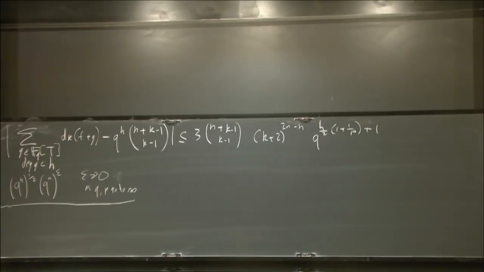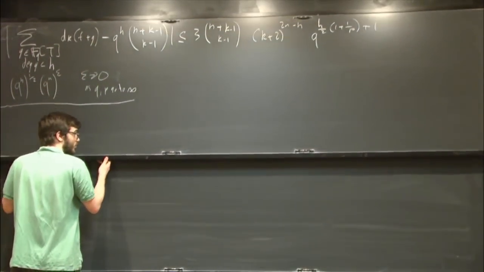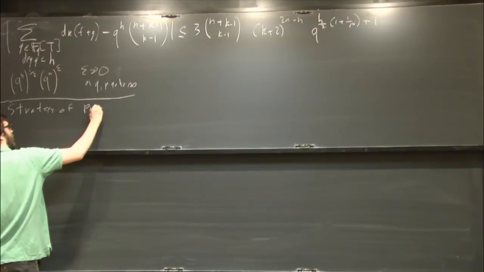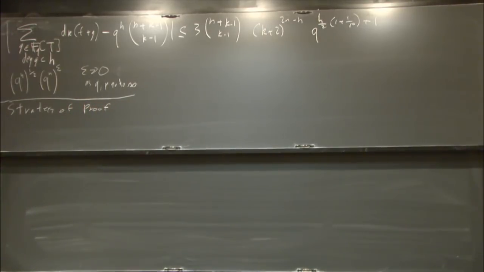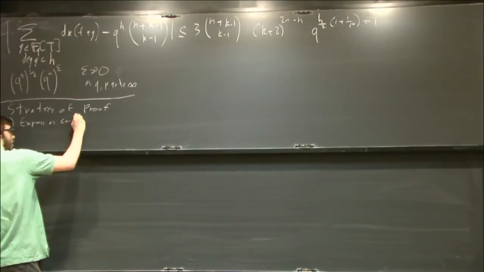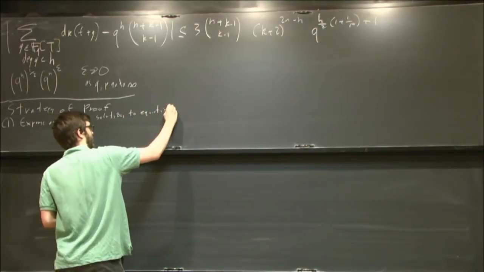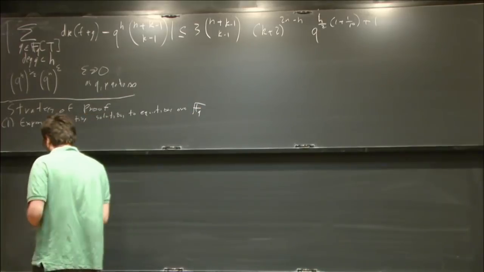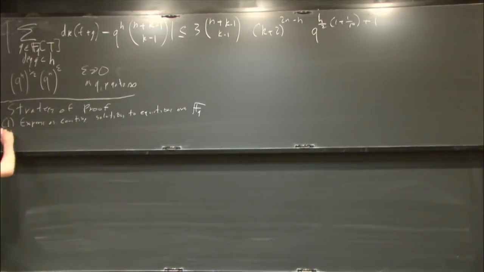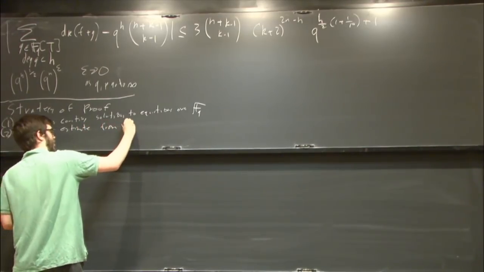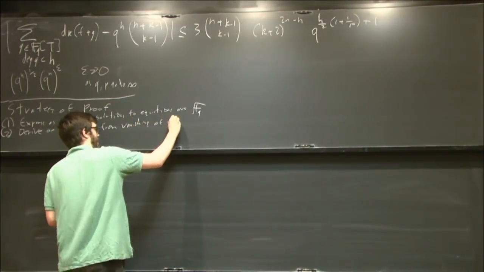And so the strategy of proof is, first, we're going to express this as counting solutions to equations, some system of equations over finite fields, over F_q. Second, we're going to try to derive an estimate for the solutions from the vanishing of many cohomology groups.